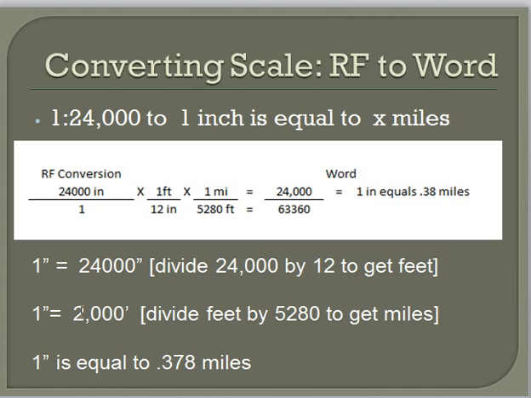Then I'm going to take that and divide it by 5,280 to get miles. And that's going to give me 1 inch is equal to 3.78 miles. And if I were doing this on an exam, I would write that, and then I also might write it as a rounded 1 inch equals 0.4 miles. I would show both.